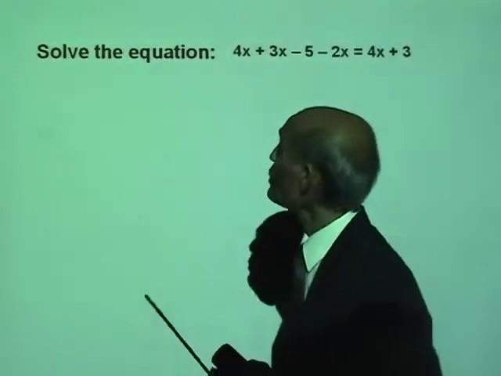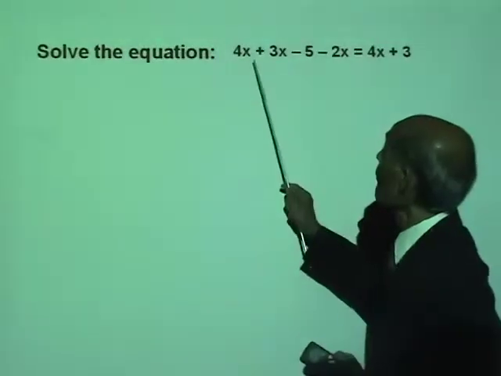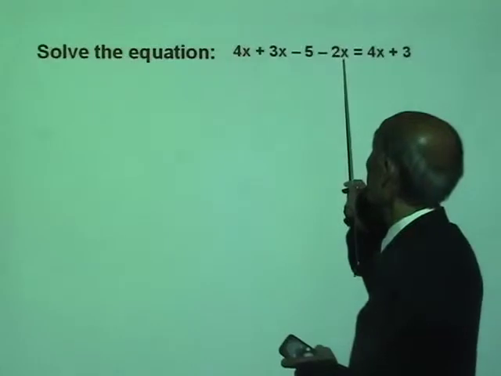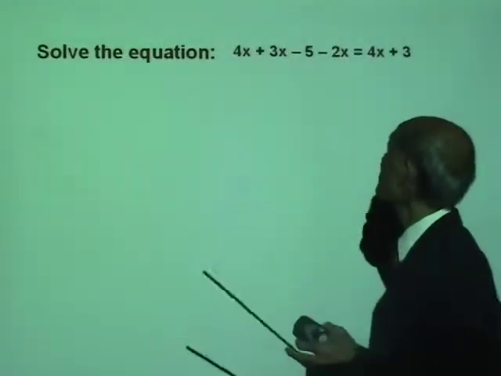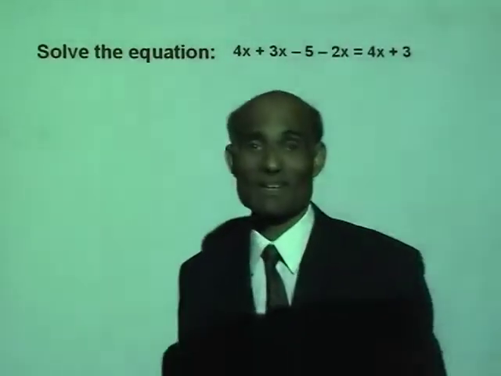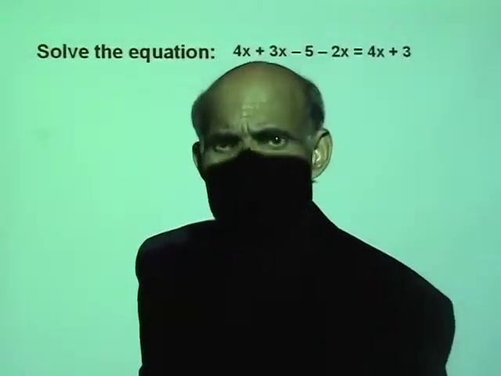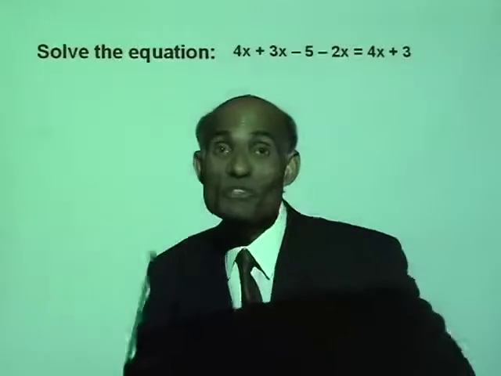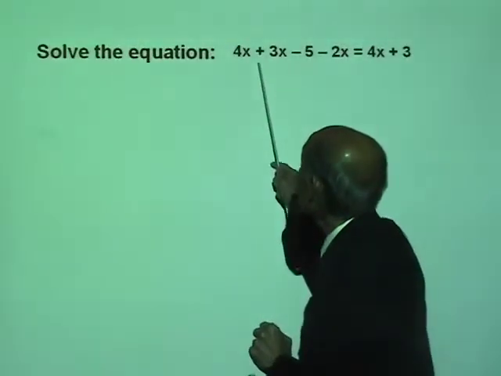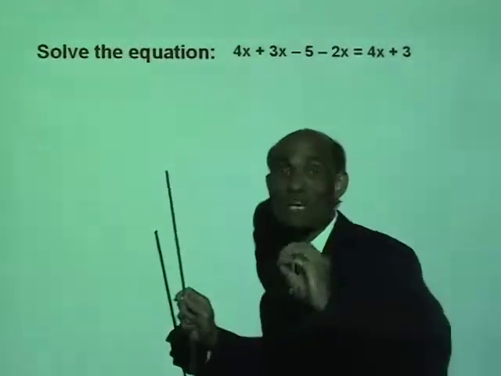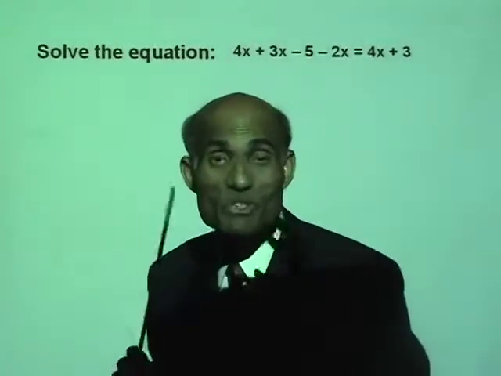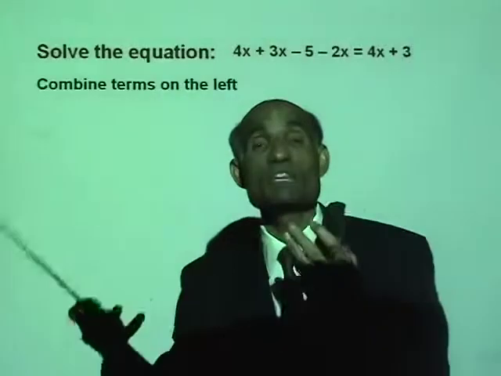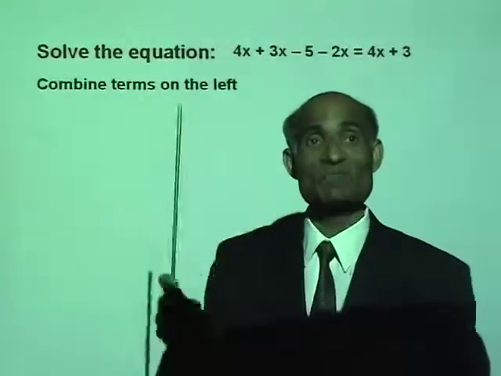Another one. Solve the equation 4x plus 3x minus 5 minus 2x equal to 4x plus 3. Now tell me, what will you do to solve that equation? The first thing to do will be to combine all like terms. Now once you do that, it will become much easier for us to deal with the transferring from one side to the other.